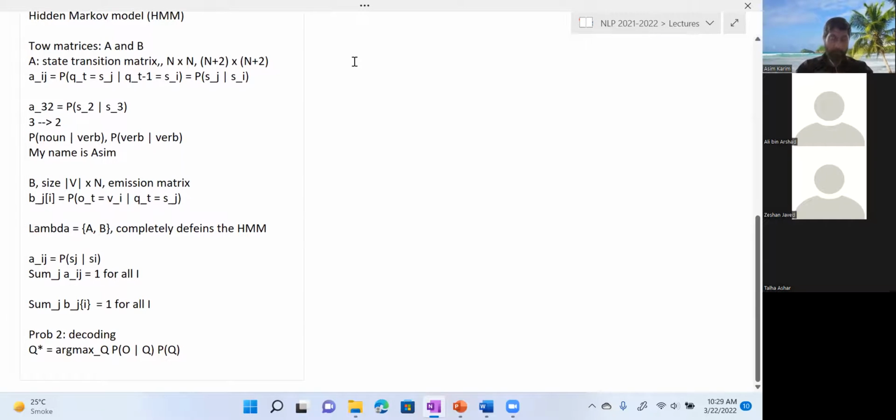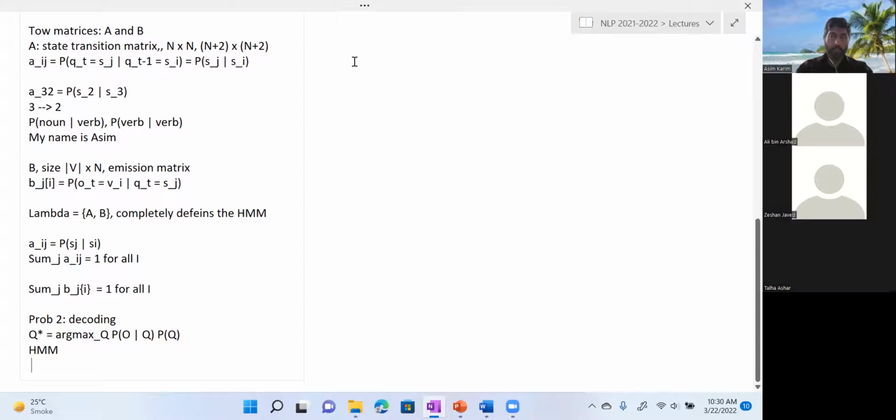If we use HMM, what would we have on the right hand side? Of course, we will still have the argmax over Q. But then we will have the product over t, and then we have Aij, and then of course we have Bji.